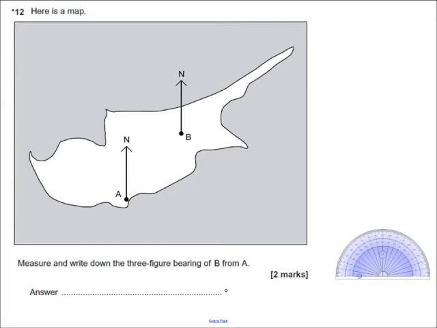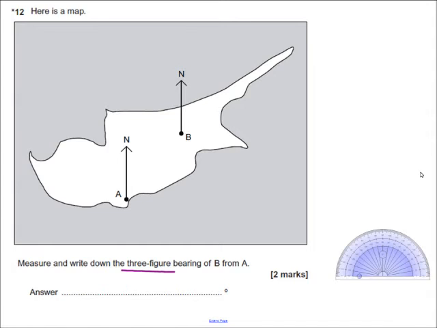Question 12 is asking us to look at this map and measure and write down the 3 figure bearing, so it's giving you a big hint here, of B from A. When you're measuring the bearing from something, the from becomes the reference point.